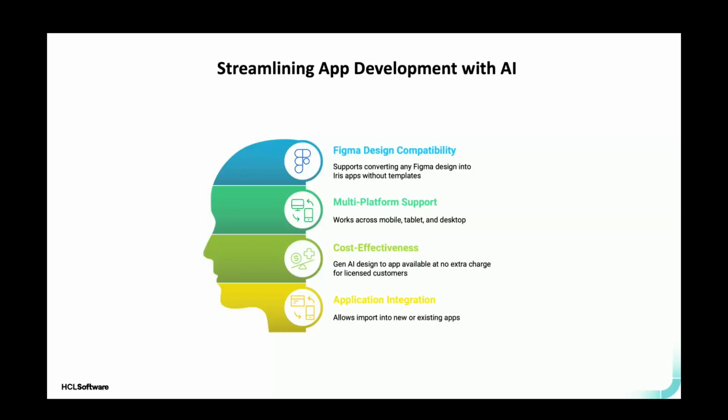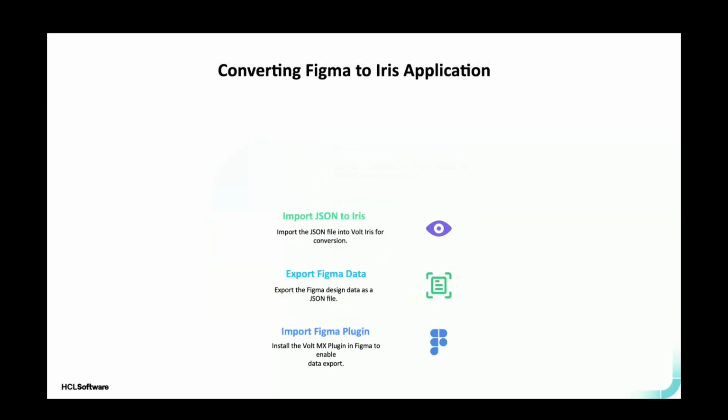Now, these designs in Figma can work across mobile, tablet, or desktop channels. You have to specify which channel you want to import it in as, and it will basically use Gen AI to generate the corresponding design. So the steps are: first, you import a plugin into Figma. From Figma, you export the raw data and assets using that plugin.